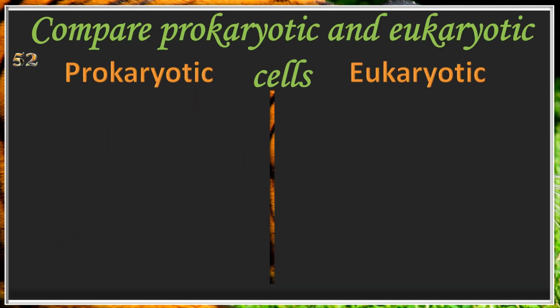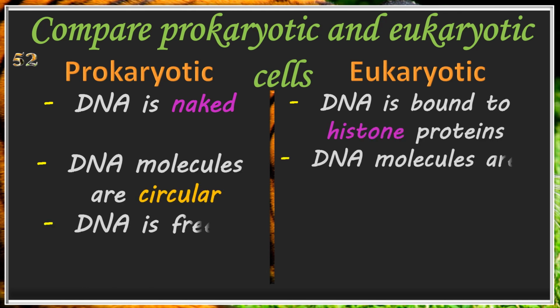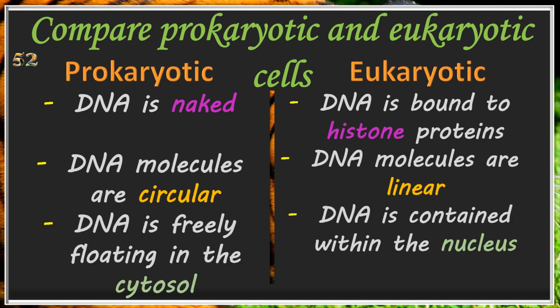We want to compare the prokaryotic and eukaryotic cells. Prokaryotic cells have naked DNA. Eukaryotic cells have DNA bound to histone proteins.